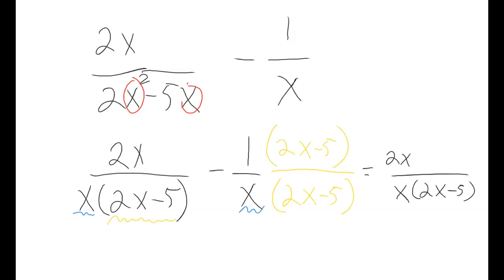My second one, I added this 2x minus 5 in yellow, so I am going to take this -1 and distribute it through. When I distribute it, the parentheses go away, sorry. -1 times 2x is minus 2x. -1 times -5 becomes +5.